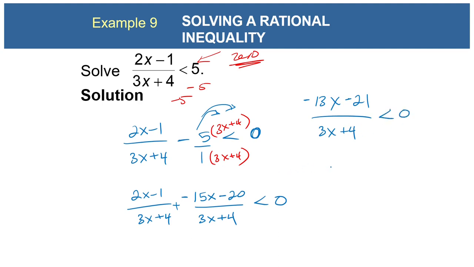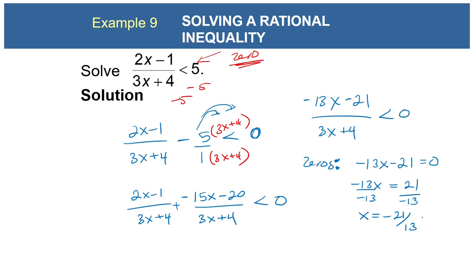From here, now we could find our zeros. Remember, our zero is when the numerator is equal to 0. So we'll set -13x - 21 equal to 0. -13x equals 21, and I have x is equal to -21/13 is a 0.